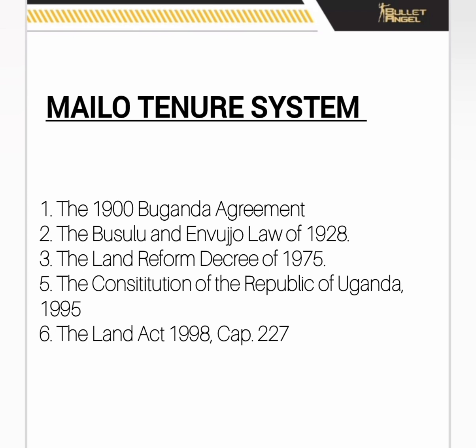So this meant that a bona fide occupant is a person who entered on the landlord's land without their consent, but has never been challenged by the landlord, right? That's one. Secondly, they have been utilizing and have developed that land. Then third, they must have come to that land 12 years before the coming into force of the 1995 Constitution. So that's the difference.